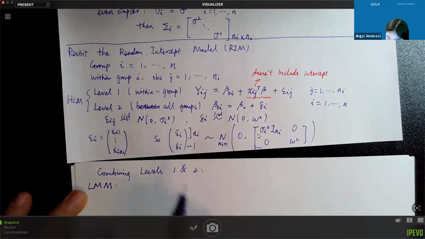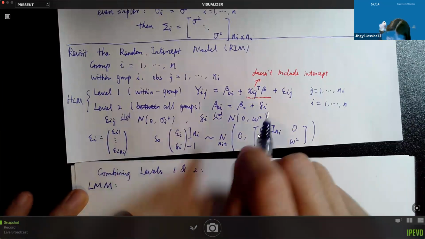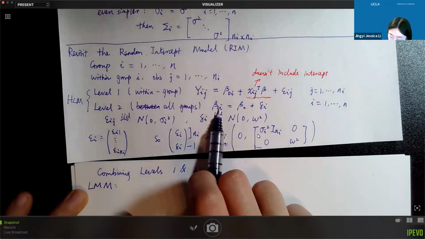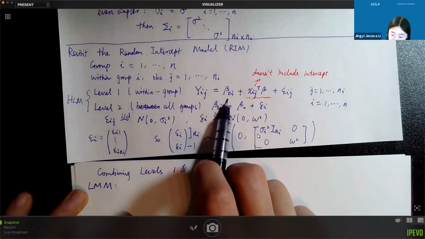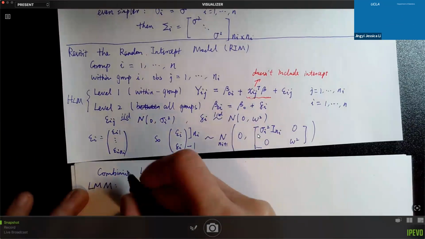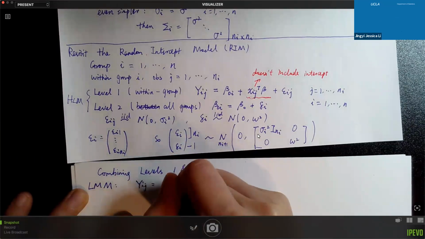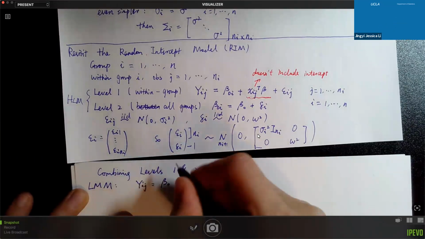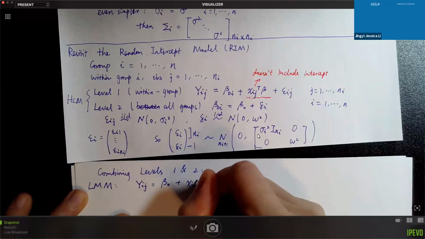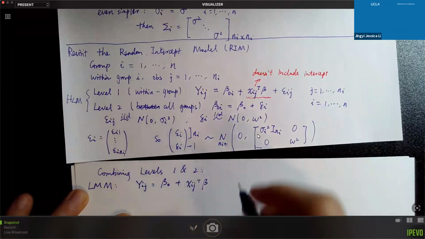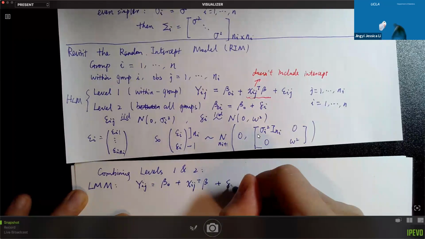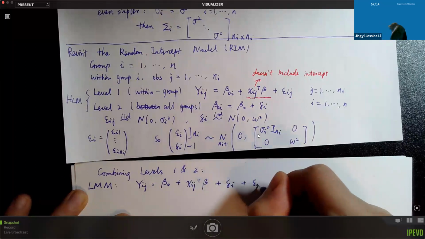So how do we combine them? You can see I can just plug in level 2 into level 1 and I'm done. So I can write Yij equal to beta 0 plus Xij transpose beta plus delta i plus epsilon ij.